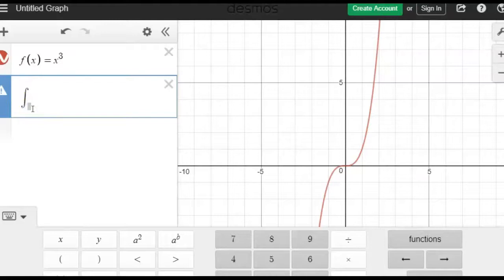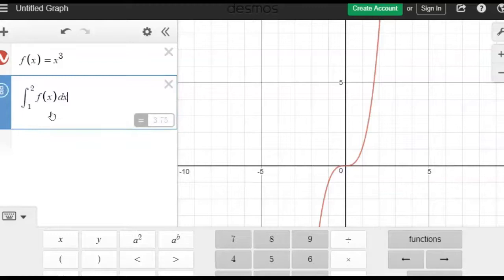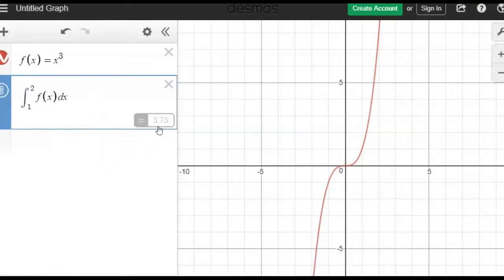So it was 1, 2, 1. You can just put f of x dx. You don't have to retype it. And there's your integral. 3.75.